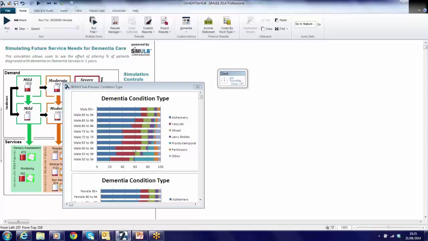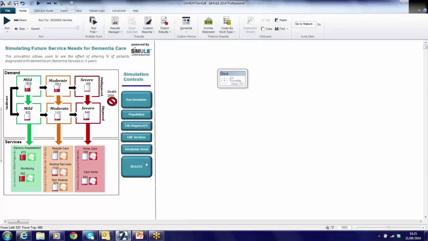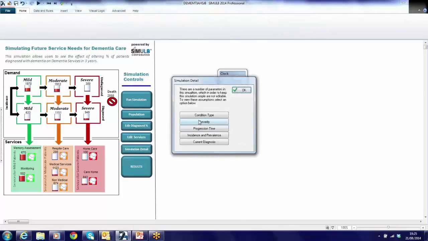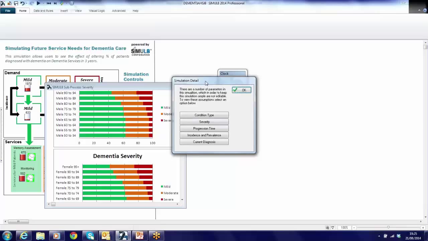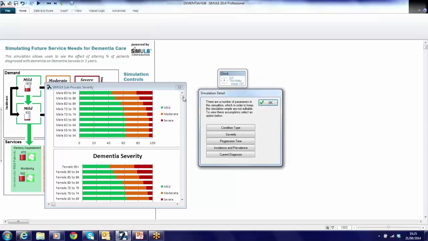When you put in your population, your age bands, much like the HIV example, you can see that as people age, they're more likely to progress and have different types of dementia, and that changes whether you're male or female. We're also looking at the severity of dementia here, so mild, moderate and severe states, again by male and female.